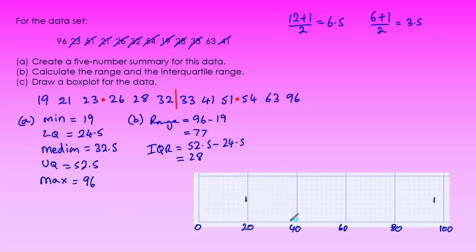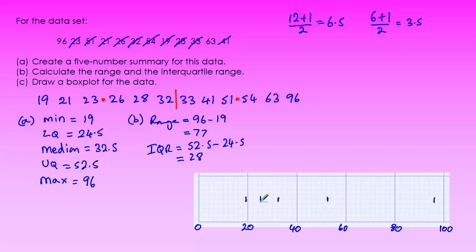The median's at 32.5, so 30, 32, so that's going to be around here. The lower quartile at 24.5, so 22, 24, so about there. And the upper quartile at 52.5, so 50 would be on this line just here, and then go a little bit over from that, so about there.